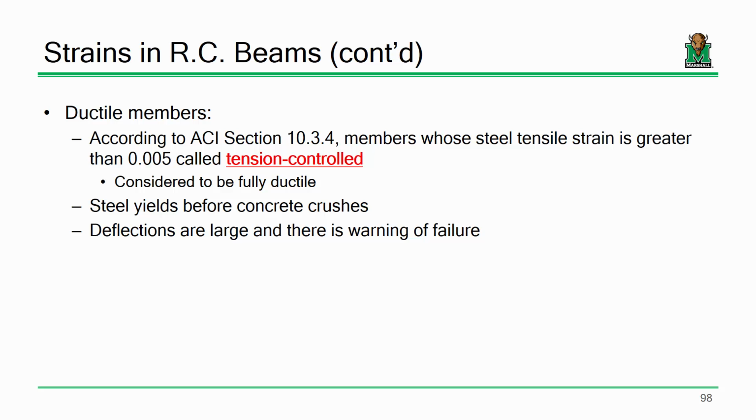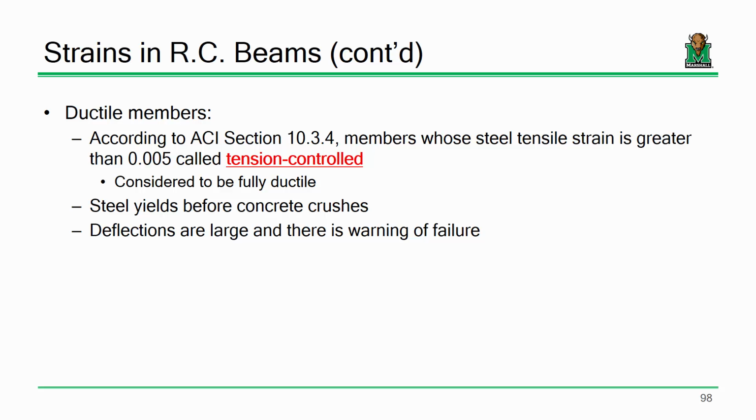It throws out either the term tension controlled or the term compression controlled. In its simplest terms, a member that is tension controlled is controlled by the failure or the behavior of the steel. A member that is compression controlled is controlled by the behavior of the concrete.